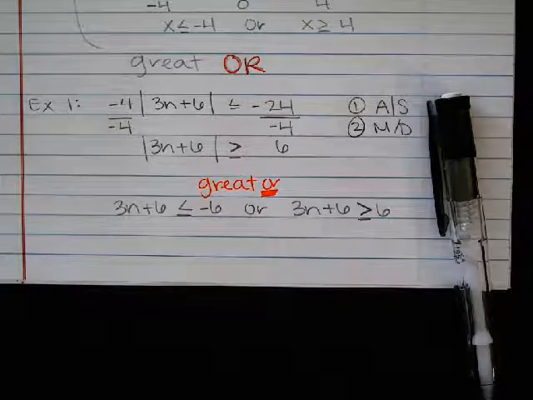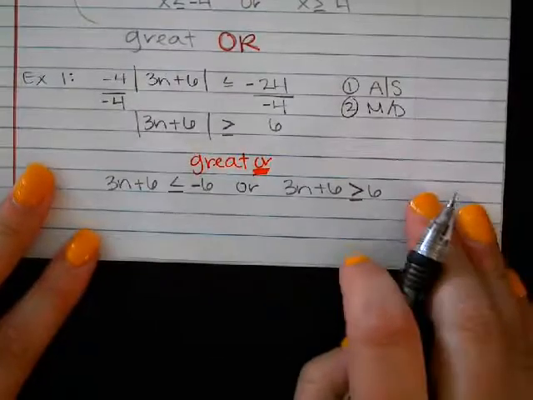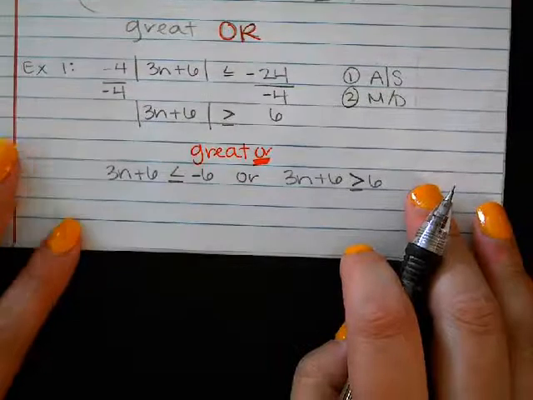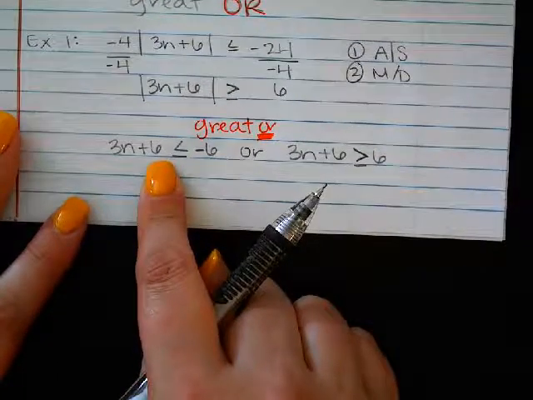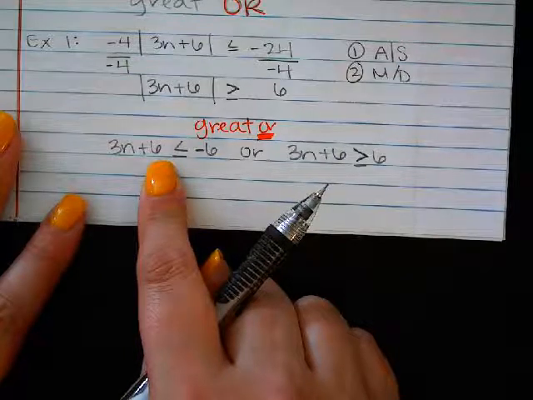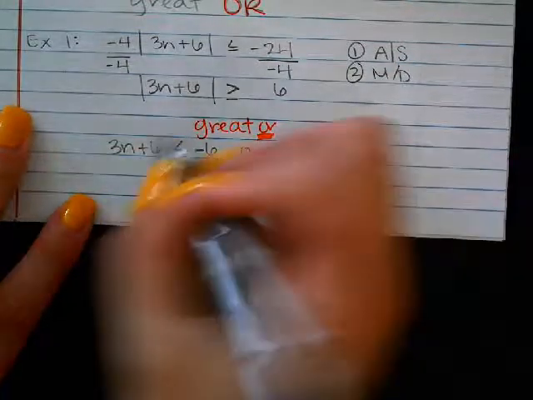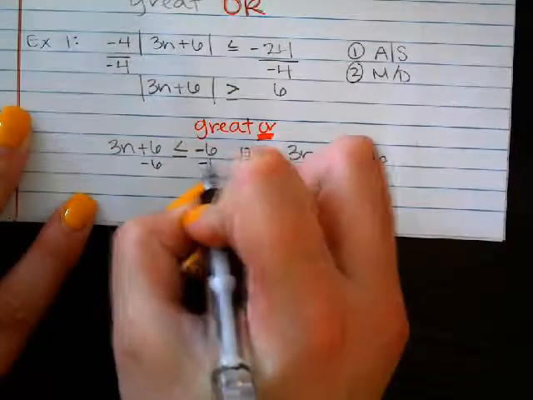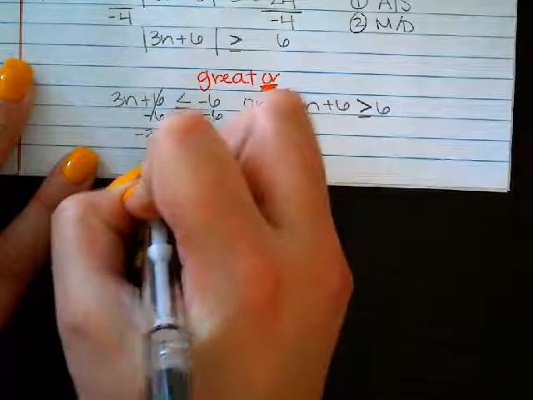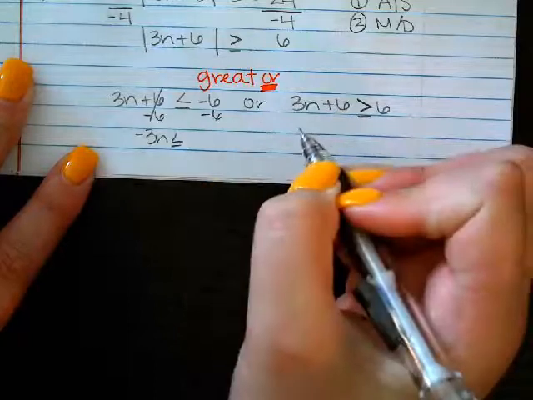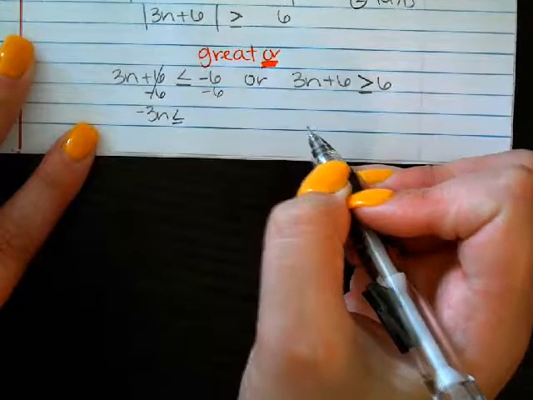Now we just solve. Solve like normal. Okay. So what should I do here? Subtract the 6. -6 minus 6. Awkward. I don't know why I wrote a -3.